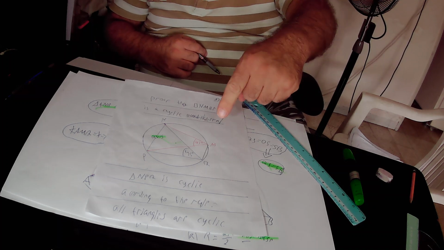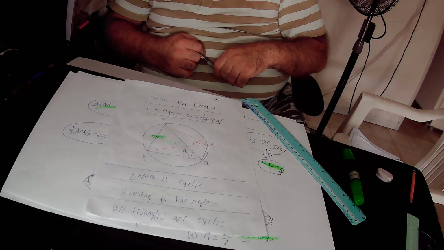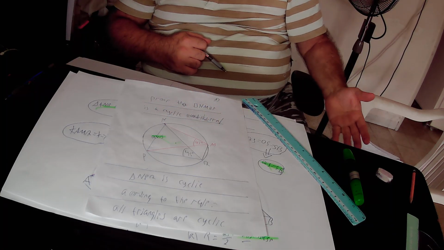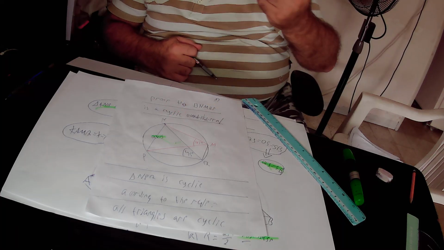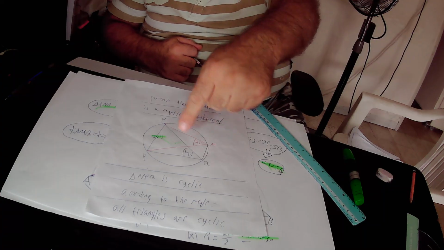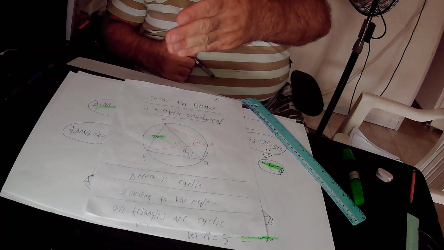So we join points M and Q together by a straight line. In this way, we created quadrilateral NMQP, that is definitely inscribed in this circle. Why? Because all of its four vertices, N, M, Q, and P, are located on the circle itself.